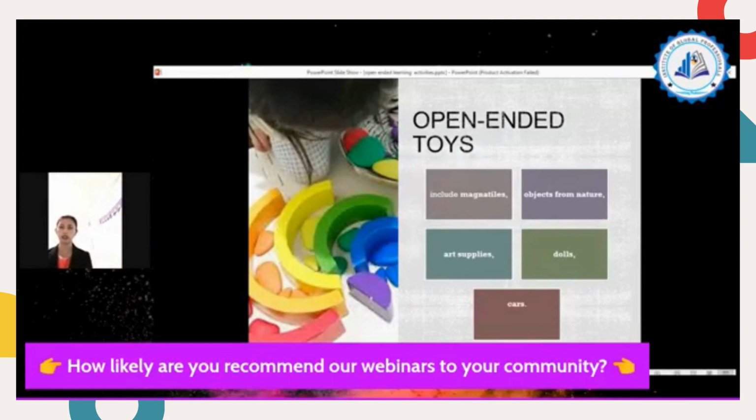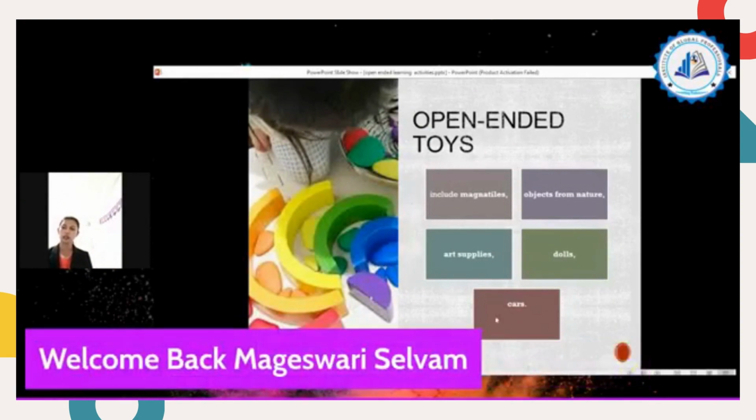So what are the open-ended toys or open-ended materials that you can use in your discussion, in your activities? It includes magnetiles, objects from nature such as flowers, leaves, twigs, and stones. Also, you can use objects from your home, such as your spoon, your fork, or anything.